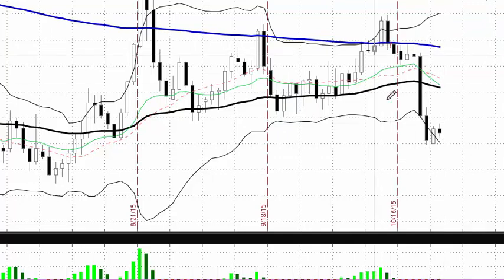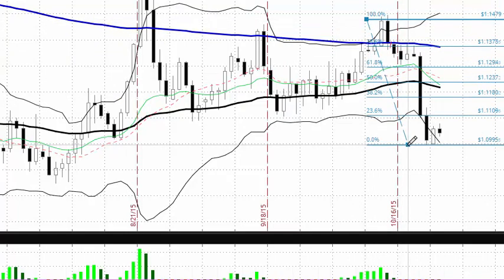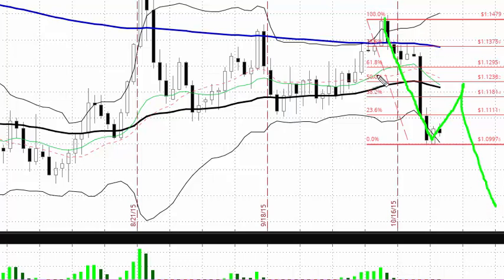I might just use this high. And one might come here and come down here and look for a retracement, and that's doable. What we're looking for is a move down and a move up before it moves down again, right? And that would take us to the 50% retracement level.